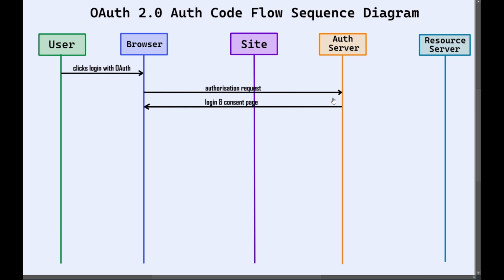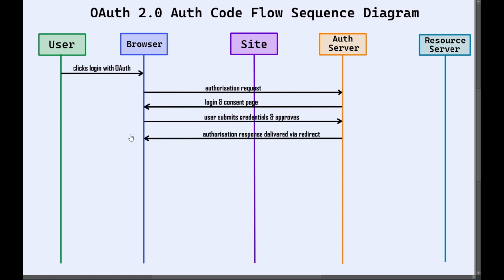That is one of OAuth's biggest security advantages. All right, let's move on to step 4, which is user grants consent, where the user now enters their credentials and approves the requested permissions. At this point, the auth server has successfully authenticated the user, and only after successful authentication and user consent does OAuth continue.